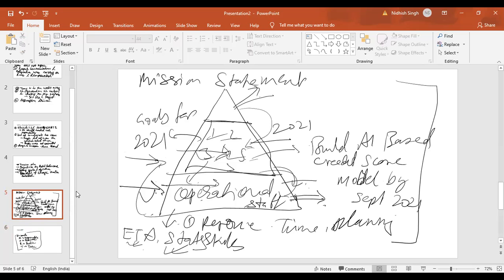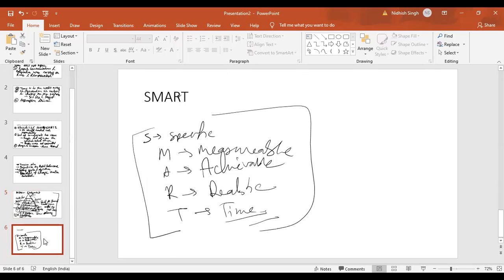That is the aim of setting up the mission statement for the organization, which will help all of us stay aligned. And this model will also help the entire business department functions to stay aligned to the mission and the goals of the organization.